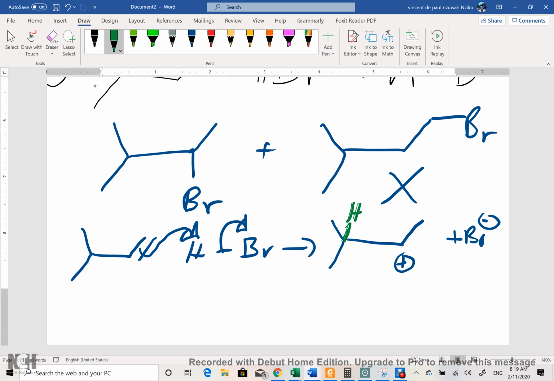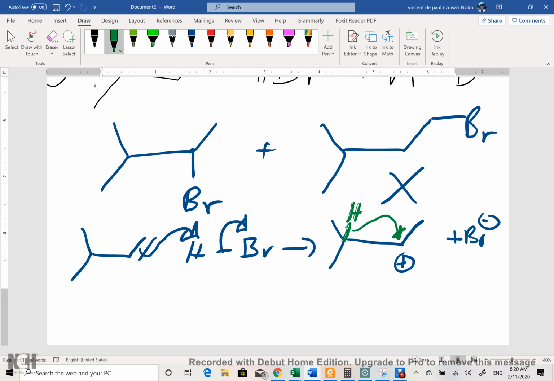There's a hidden hydrogen there. Because this carbocation is adjacent to a tertiary carbon, the hydrogen will migrate. So there will be a migration of this hydrogen to this position.